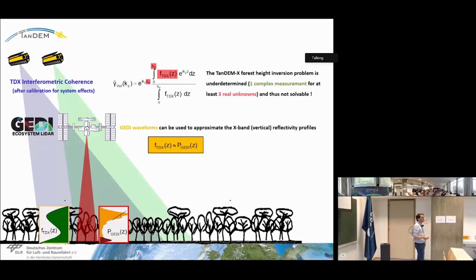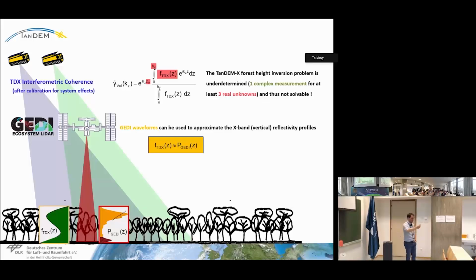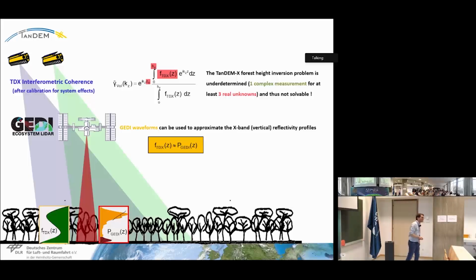Of course, it's a LiDAR, so you don't have a waveform everywhere, it's just sampling the Earth's surface. But every time that you get a sample, you get a profile. And now, with a bit of fantasy, you can still say this profile is representative enough for my TanDEM-X vertical reflectivity function.